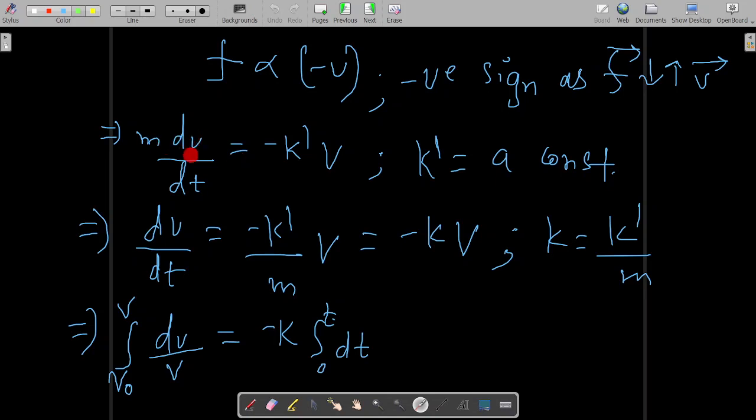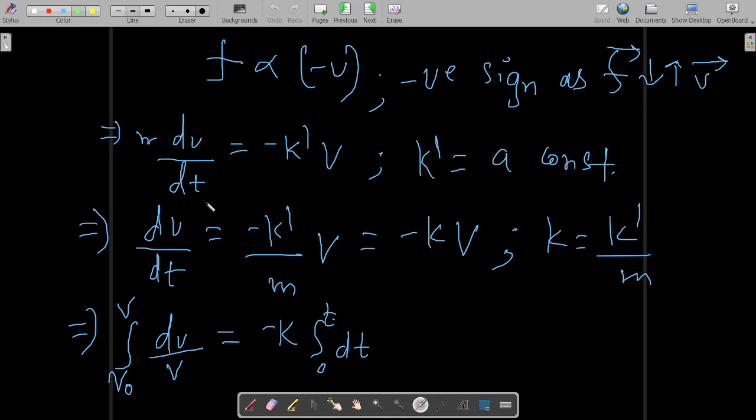So in order to show the acceleration in terms of velocity, we have written it as dv by dt, because we have to find out v. So this m will go to the right hand side, and k dash divided by m will appear.